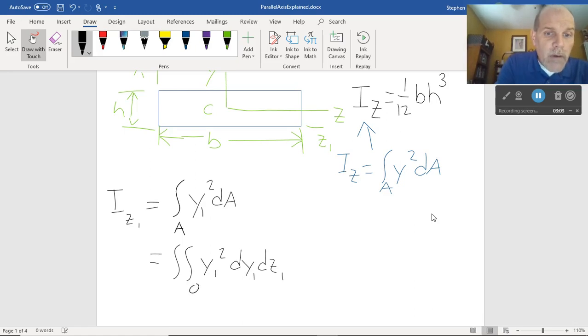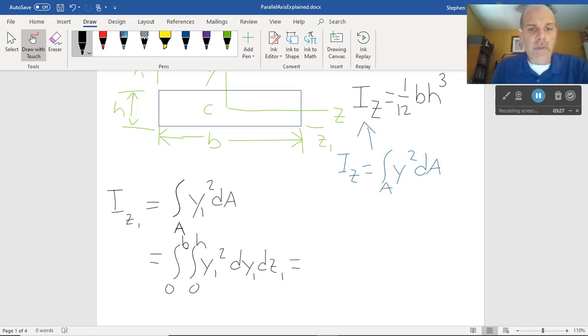And I'm going to go from 0 to h in the y1 direction, and 0 to b in the z1 direction. And my integral sign decided to disappear for a second. Hey, look, there it is, right?